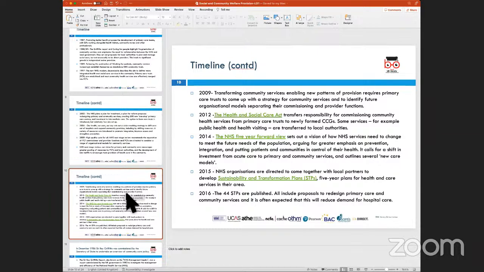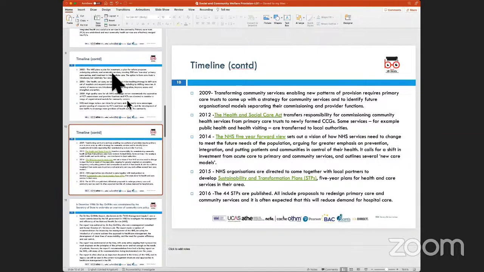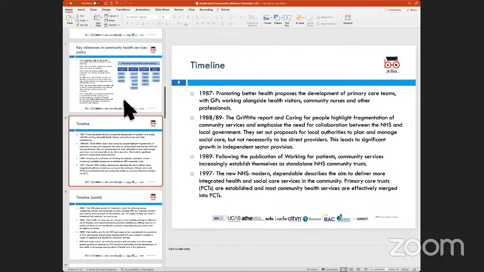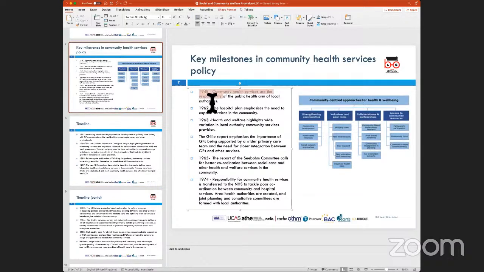So this is a timeline that we need to be aware of. When we talk about social and community welfare, the foundations for this particular approach were laid out in Dr. Beveridge's report of 1944, which led to the creation of community-based services in the UK.